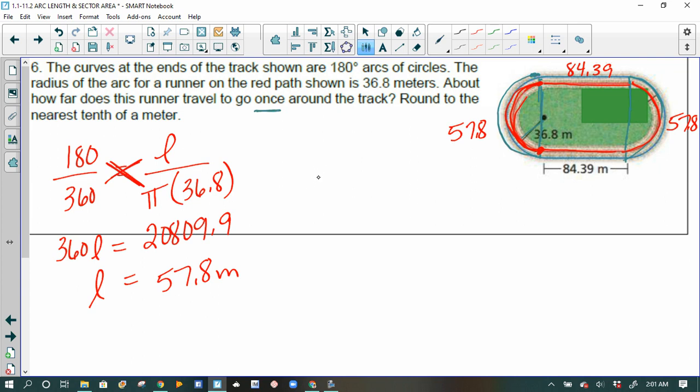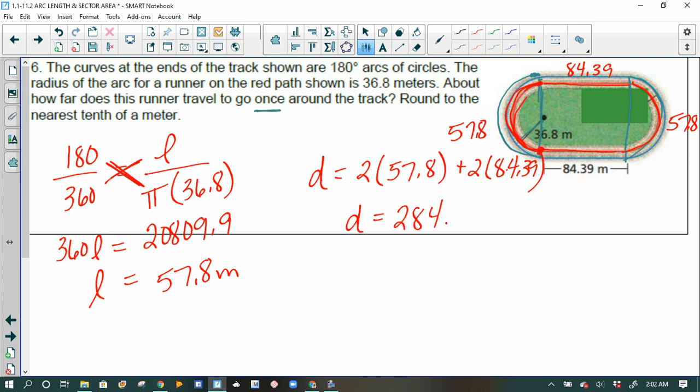So the distance around the track is two curves at 57.8 plus two straights at 84.39. So 2 times 57.8 plus 2 times 84.39, and we get 284.4 meters. And they want us to round to the nearest tenth, so that's what we did. So 284.4 meters.